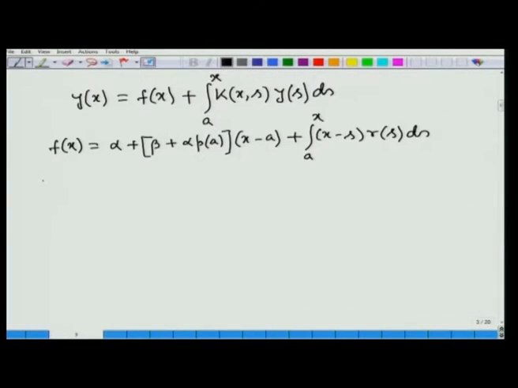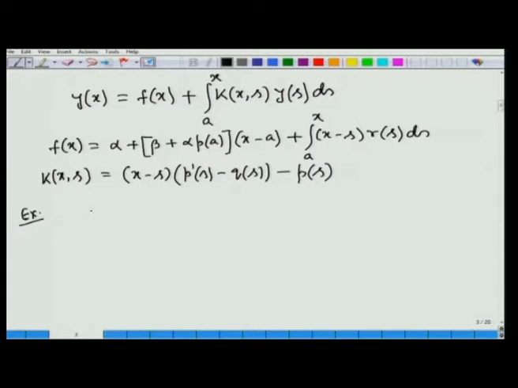Hence the kernel k x comma s is given by x minus s multiplied with p dash s minus q s, minus p s. So, this is our target integral equation that we have obtained starting from the given general form of the second order ordinary differential equation, which is an initial value problem.